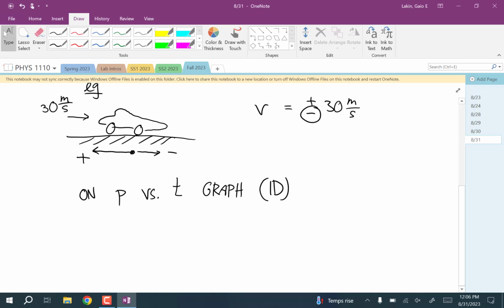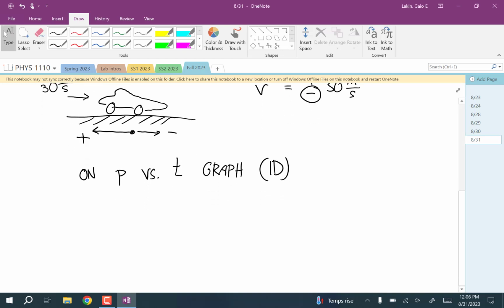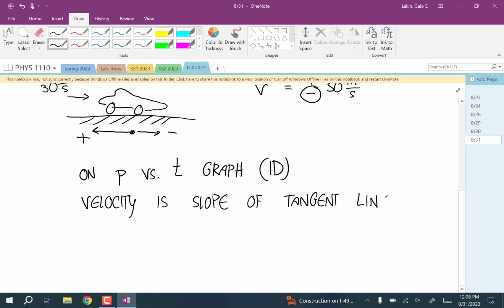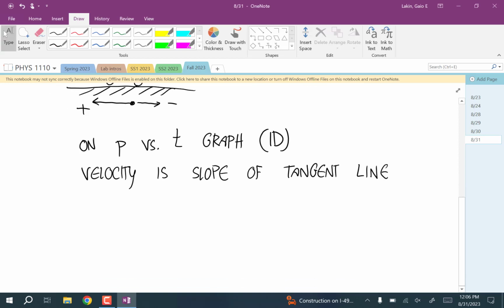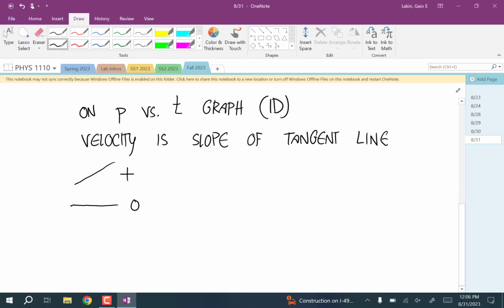But on a position versus time graph, the velocity is the slope of the tangent line. And remember that with slopes, that's a positive slope. That's a zero slope. And that's a negative slope.